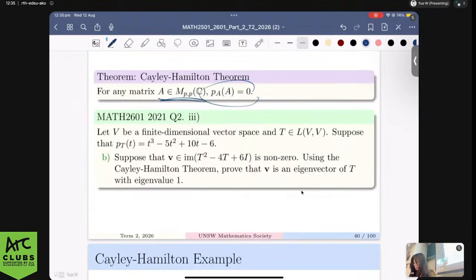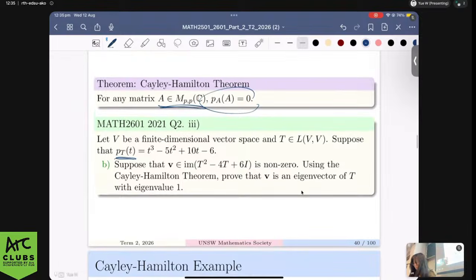Consider some polynomial in this form, and suppose that phi is some element of the image of T squared minus 4T plus 6I, which is non-zero. We want to use the Cayley-Hamilton theorem to prove that phi is an eigenvector of T with eigenvalue of 1.